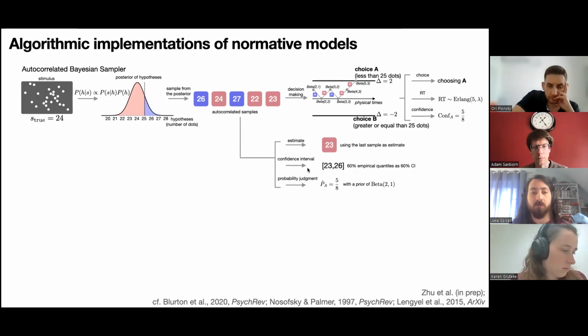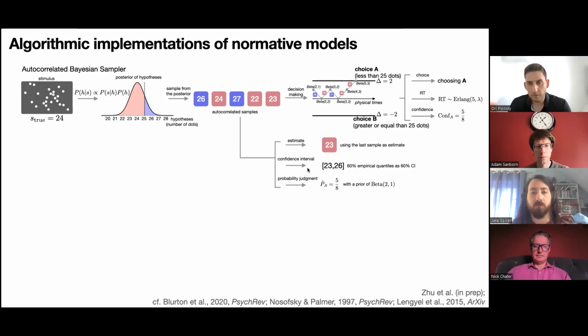And in case a more granular confidence interval is queried, then some linear interpolation could be assumed. And this is essentially a similar idea to Peter Juslin's naive statistician model.